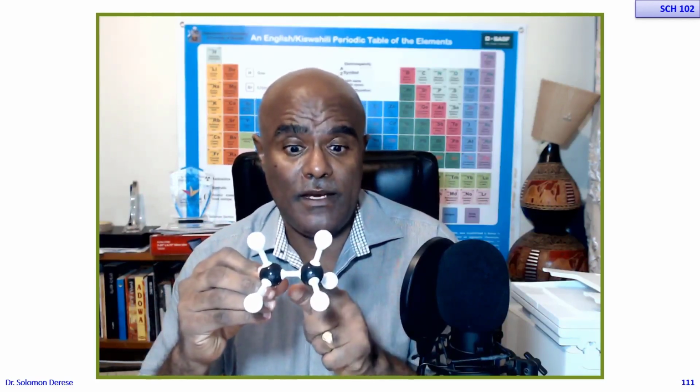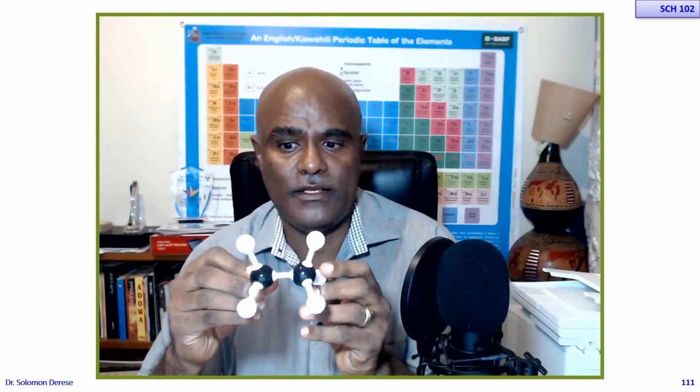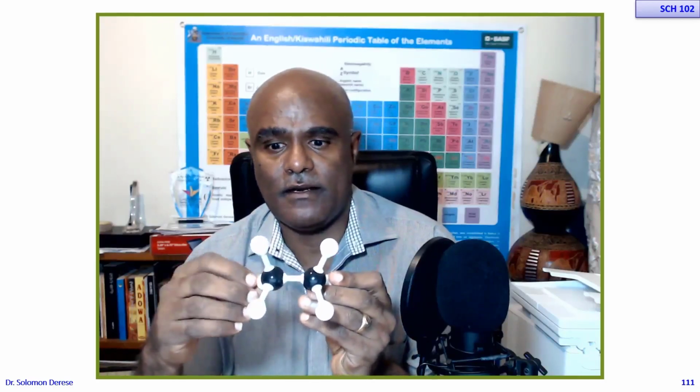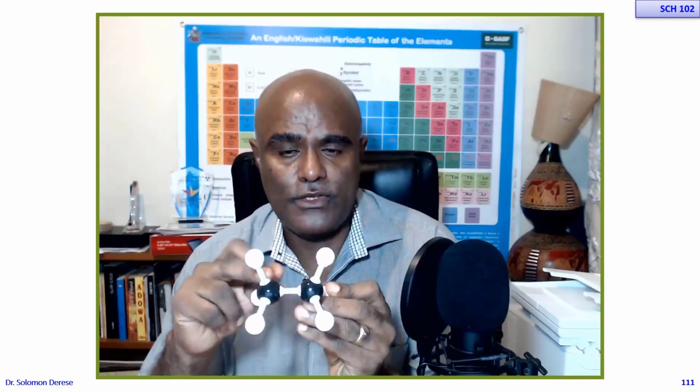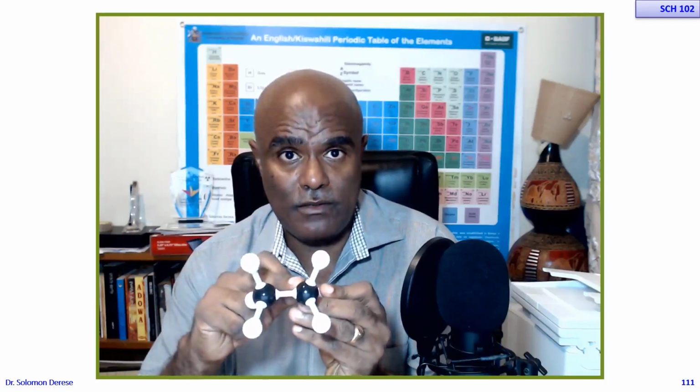So this is a carbon, and these are the 3 hydrogens on it, and this is the other carbon, with the 3 hydrogens on it, CH3 and CH3. The 2 carbon atoms are joined to one another through a single bond.